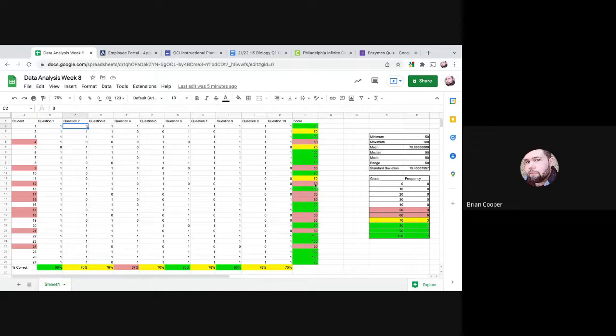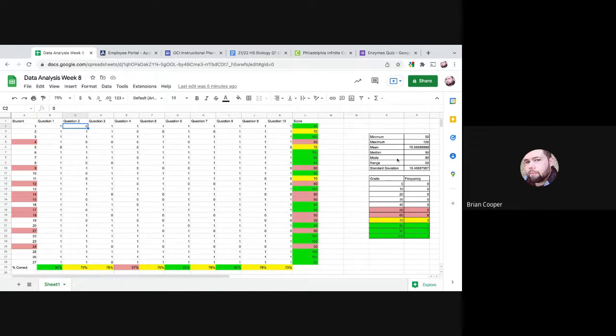And then over here, you can see that I have some analysis. The minimum, the smallest score, was a 50. The maximum was 100. The average, the mean, was a 78.8, which I am pretty proud of. It's almost an 80. The median was a 90, which means that 50% of the students scored above a 90, which I am proud of.